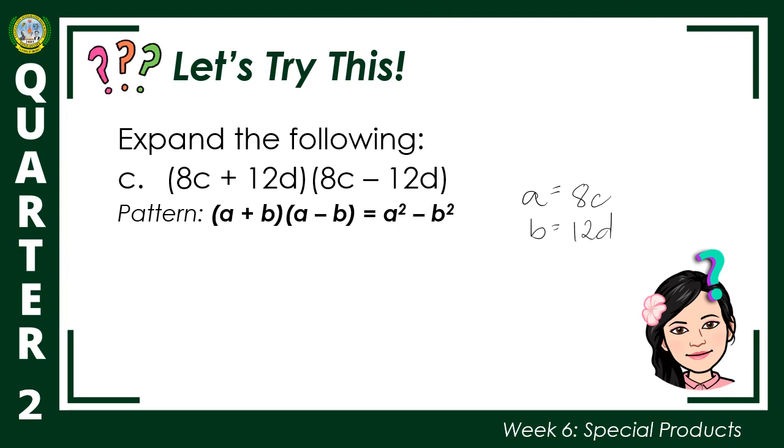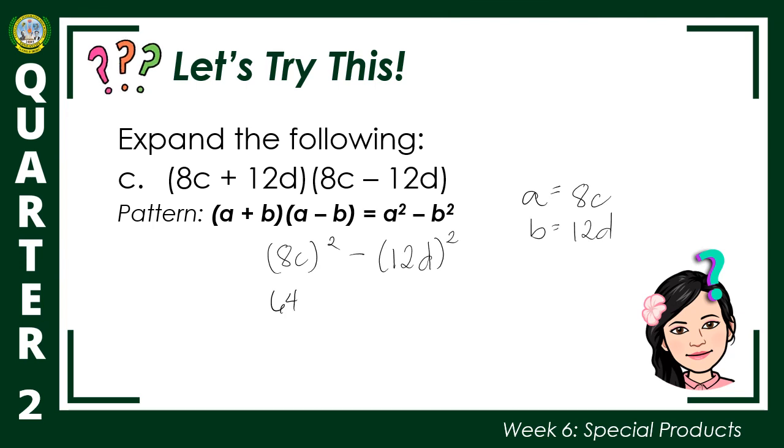So, square of A, so 8C squared, minus square of B, so that will be 12D squared. And let's simplify using the power of a product rule. So, 8C squared is 8 squared C squared. 8 times 8 is 64.